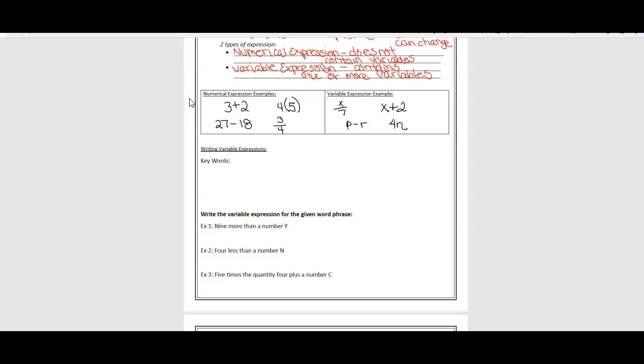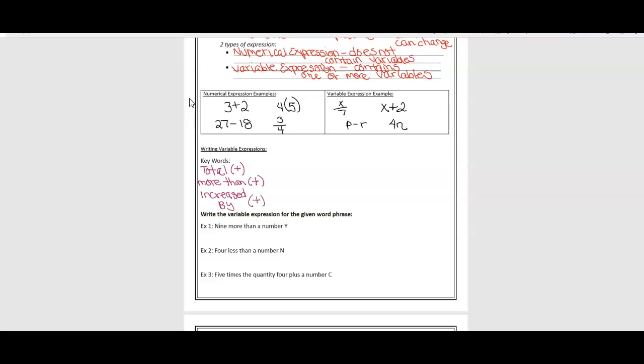Now, when we're writing variable expressions, this is going to be your little cheat sheet. We're going to talk about a bunch of keywords that you can use to help you remember what they mean. So our first keyword, let's use a different color. We have total. Okay, so anytime you see the word total, that means to add. Also, more than. That means to add. And increased by.